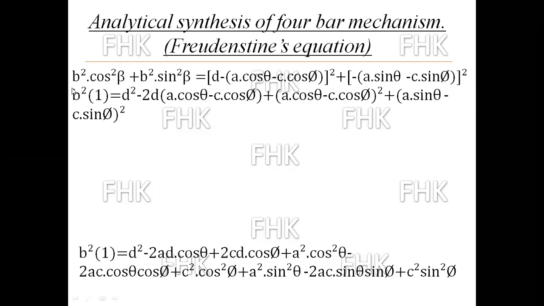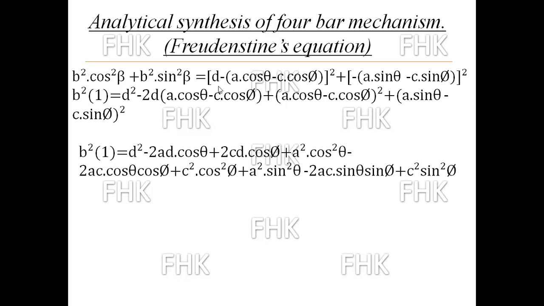Next, b square is equal to d square minus 2ad cos theta, and this minus minus will become plus 2cd cos phi. This is the multiplication of minus 2d with this term: minus 2ad cos theta, and this minus minus will become plus 2cd cos phi.